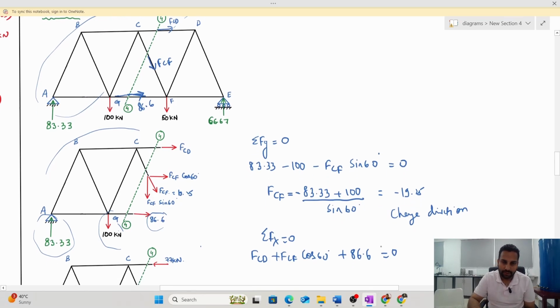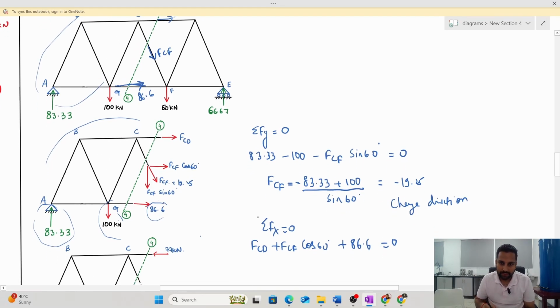So if I solve this, what will I get? I will get FCD equals to, because already I have FCF, I can plug this value in here. So I will get FCD as negative 77 kilonewton if I solve this. So again you need to change the direction.